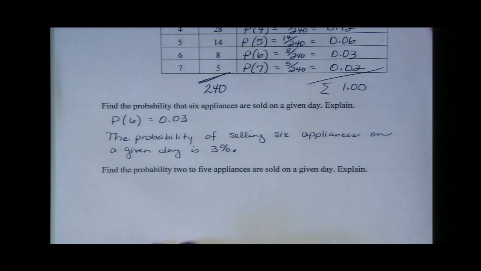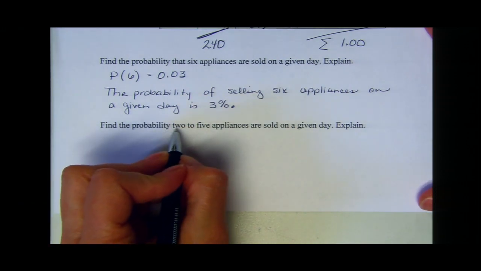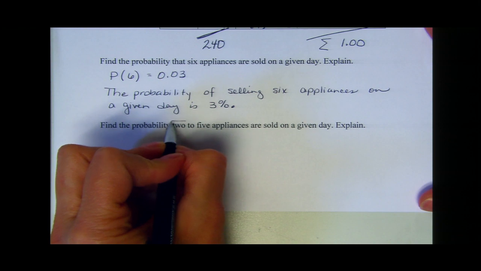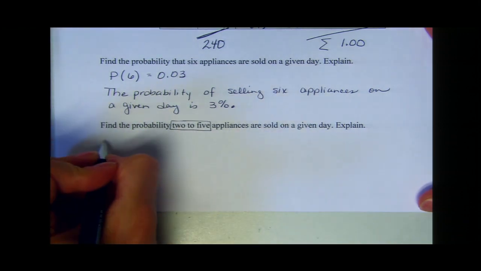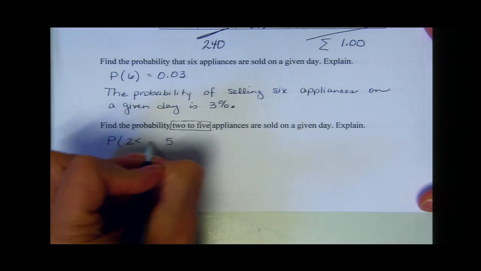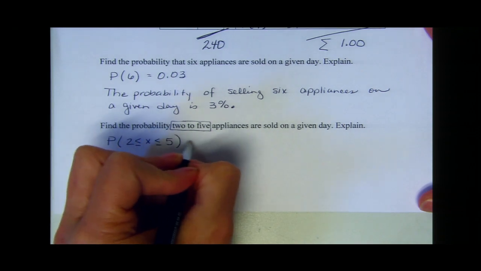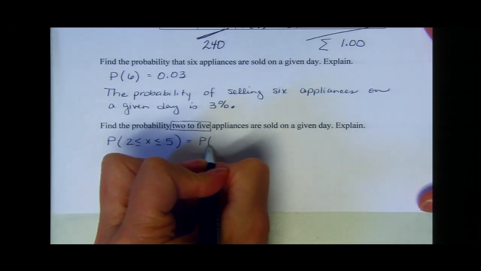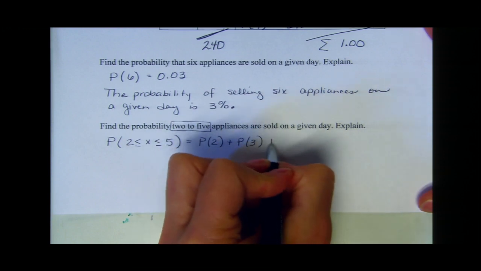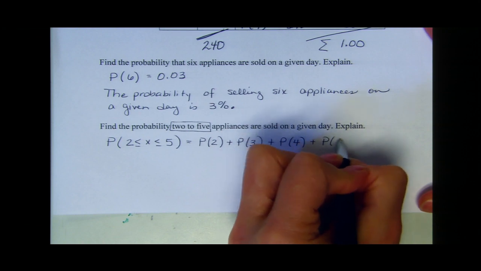So, moving on. Find the probability 2 to 5 appliances are sold on a given day. So 2 to 5 means the probability that 2 to 5, and we could sell 2 or 5, so I'm going to put equal. So this means the probability that you sell 2 appliances, or 3 appliances, or 4 appliances, or 5 appliances.